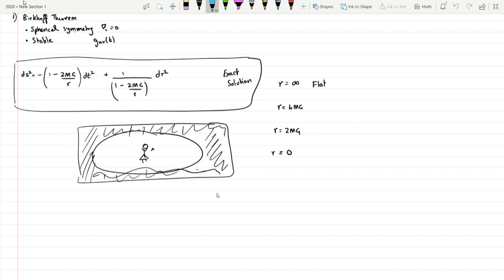When r goes closer past this 2MG, see something interesting that happens. Do you see this negative term here in this line segment? When r is smaller than 2MG, this thing becomes greater than 1. What that means is, can you notice how the negative sign now, our metric has switched.